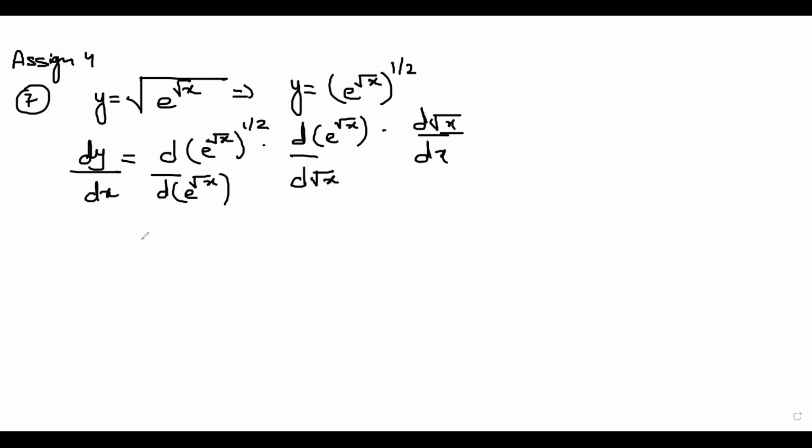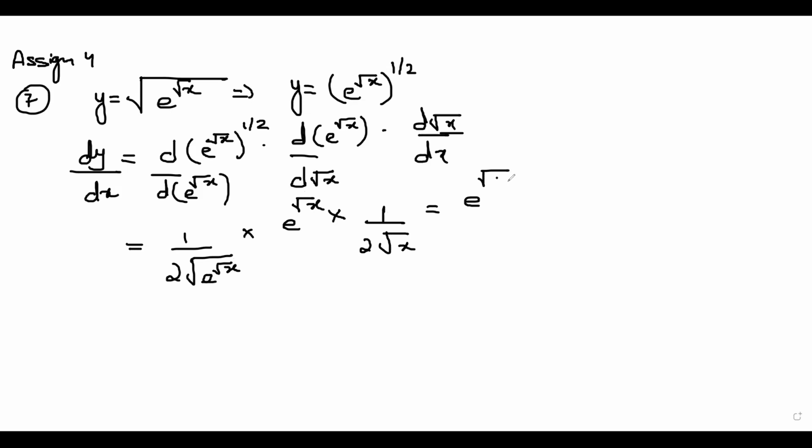So here we will get 1 by 2 under root e root x. Here we will get the same function. And here we will get 1 by 2 root x. So this will be equal to e root x by 4 under root e root x into root x. Okay, Nabil? Yes, sir.